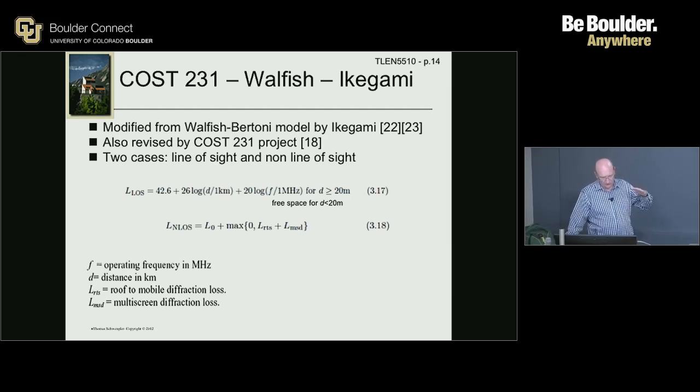A roof-to-street term, roof to screen, sorry, which is where the mobile is. So things come directly, things are diffracted along the roof, and then things go through a multiple diffraction model. They didn't exactly know how to model that. They did it with knife-edge models, and the justification behind it is somewhat simplistic, sometimes criticized, but it has at least more of a physical justification than the Hata model, which is purely empirical.